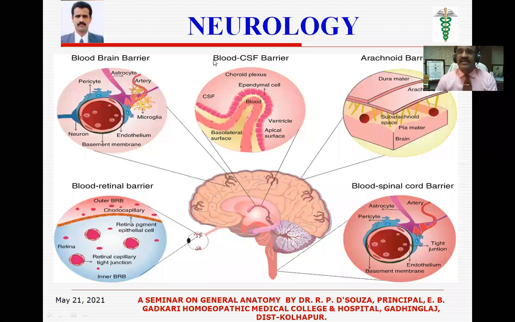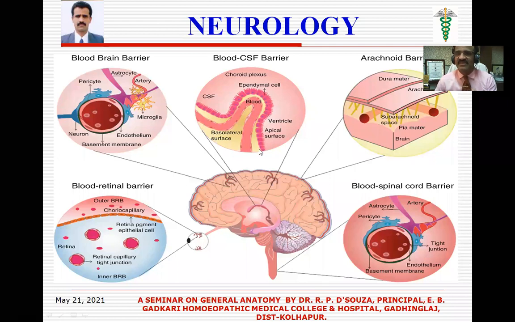Here you can see the blood-CSF barrier, because CSF is present in the cranial cavity; it is an important fluid which replaces lymph inside the cranial cavity. So the blood-CSF barrier is shown in this picture. You can see the ependymal cell, and you can see the basolateral surface.